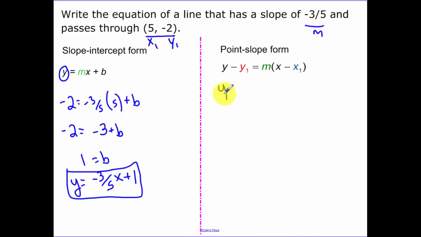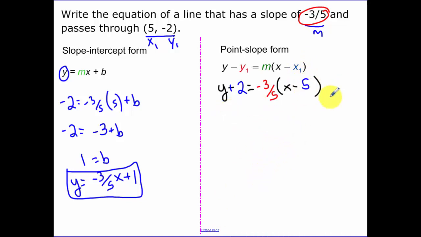We have y minus y1, which is negative 2, equals my m, which is negative 3/5, times x minus x1, which is 5.